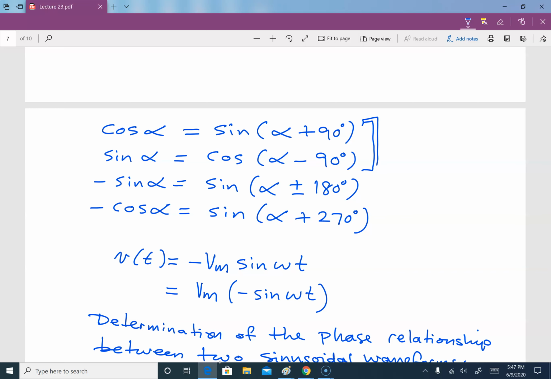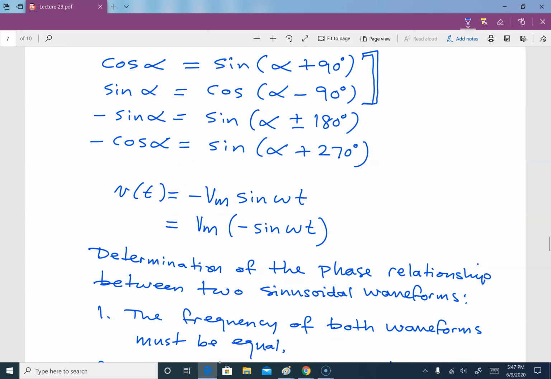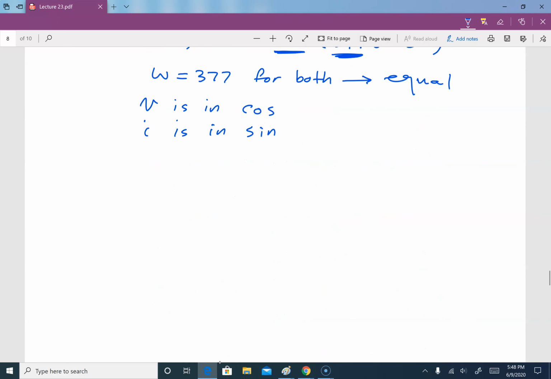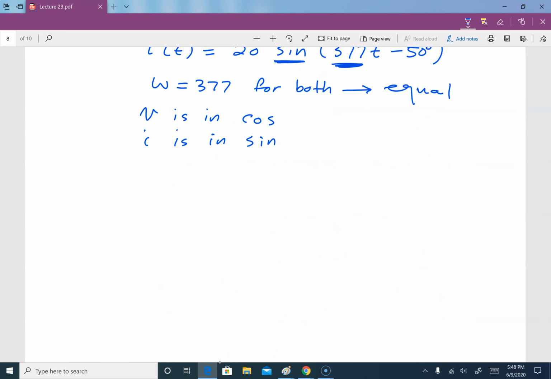So you can use one of these two identities over here. If we want to change the cosine, then we have to add 90 degrees to get the sine. If we want to change the sine to cosine, then we will subtract 90 degrees. Let us go over an example here.